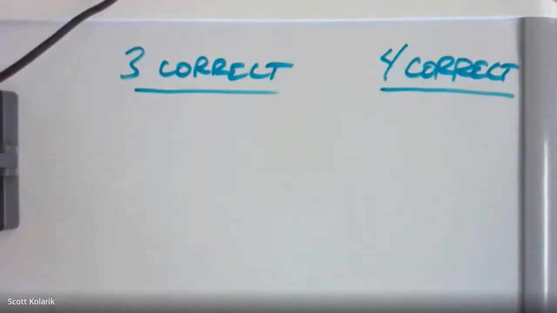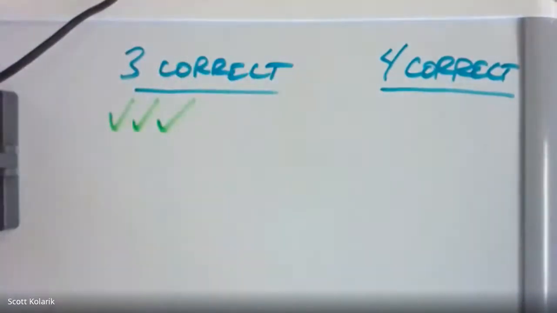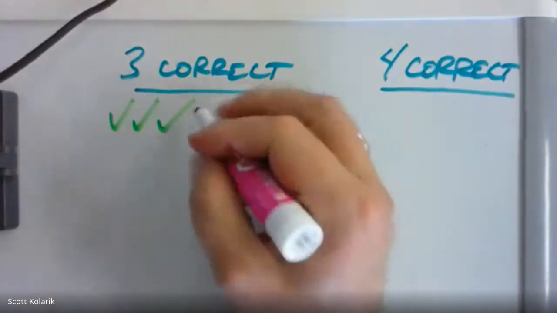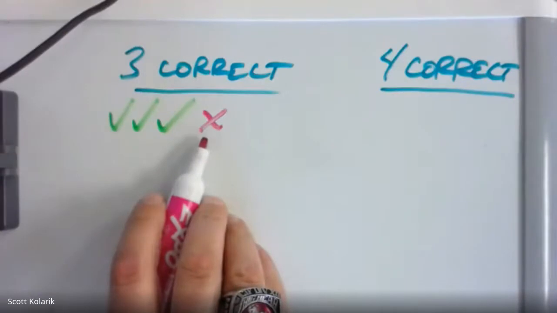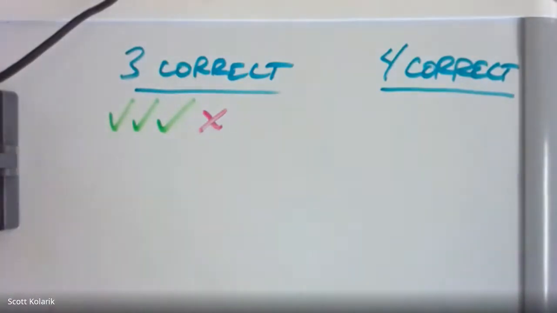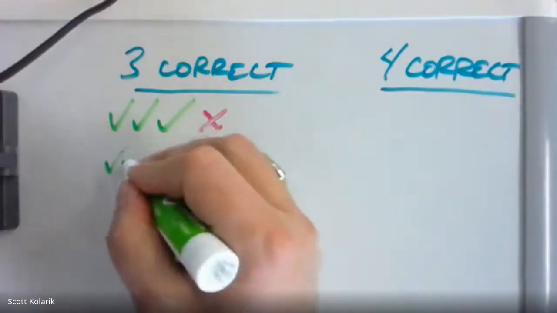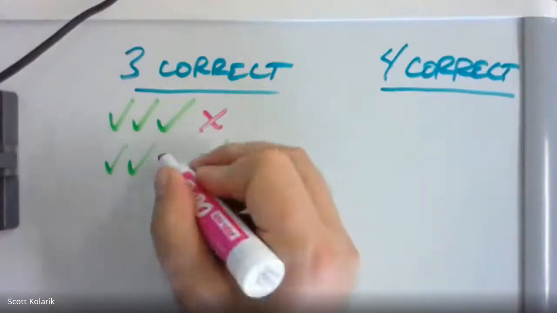So let's figure out the sample space. Well, if I got 3 correct, I could get the first 3 questions right and get the 4th question wrong. And then I'll just slide that 1 incorrect response throughout this possibility. So for instance, I could get the first 2 questions right, and then the 4th question right, getting the 3rd one wrong.